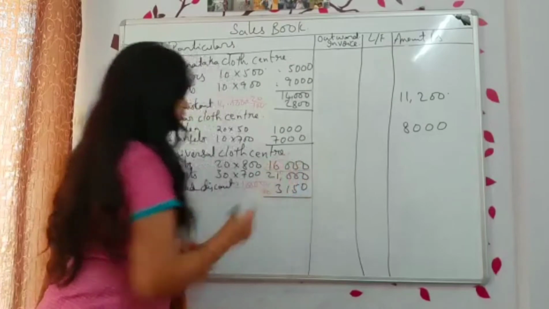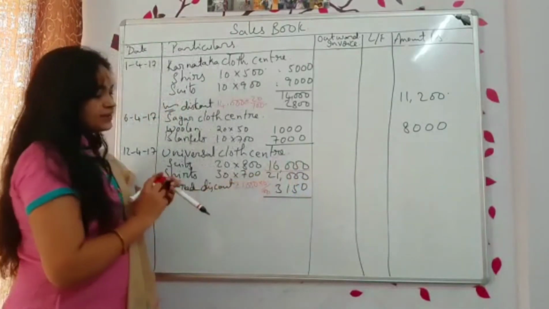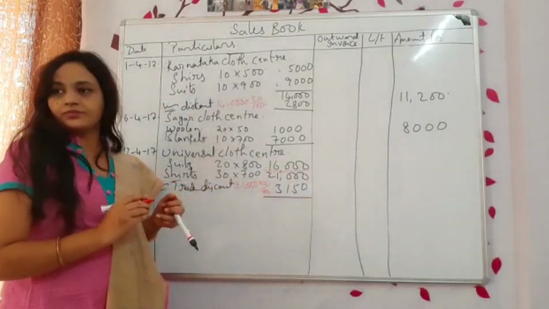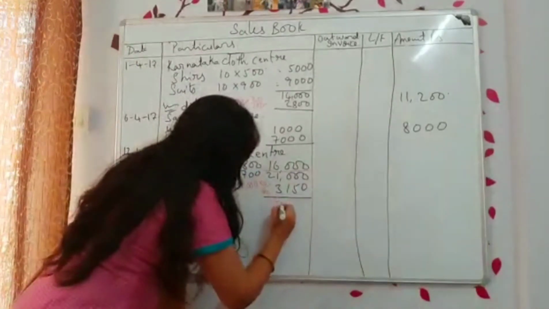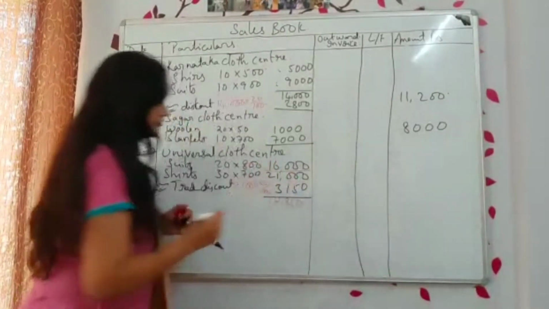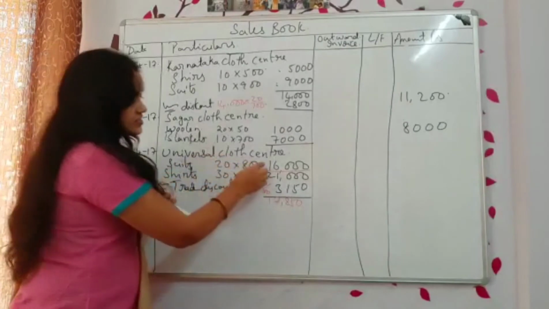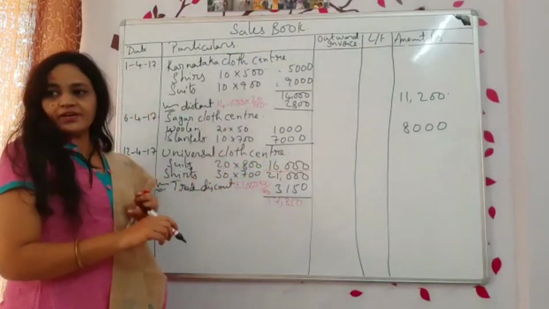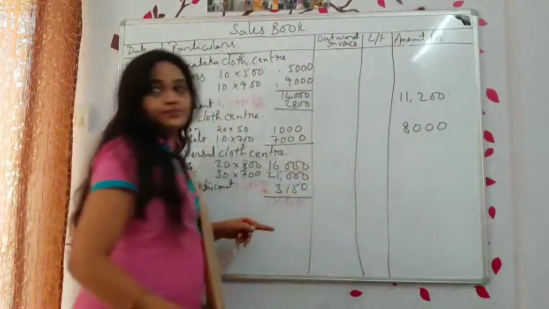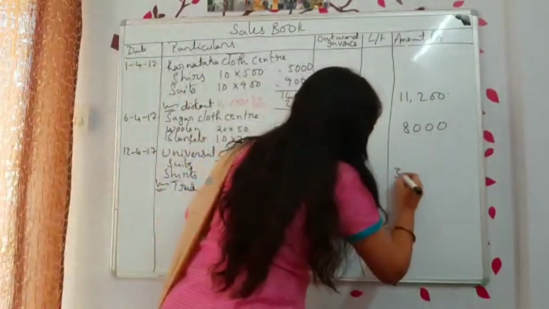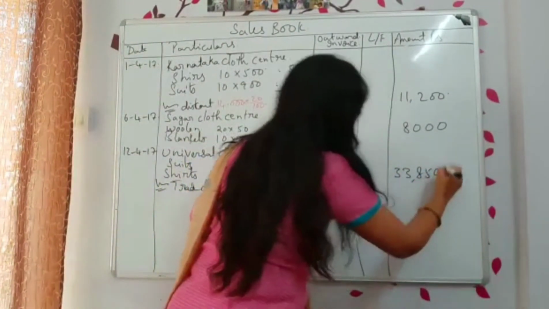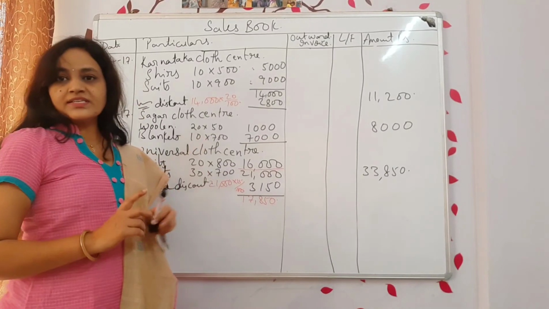Now subtract: 21,000 minus 3,150 is 17,850. Now what is the total? 16,000 plus 17,850. You should write 33,850.